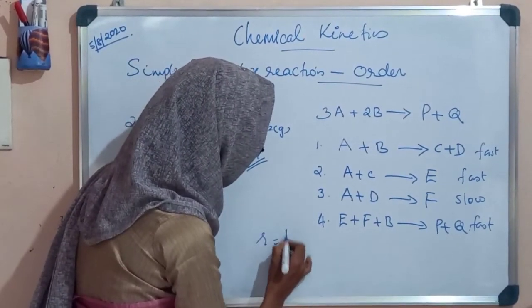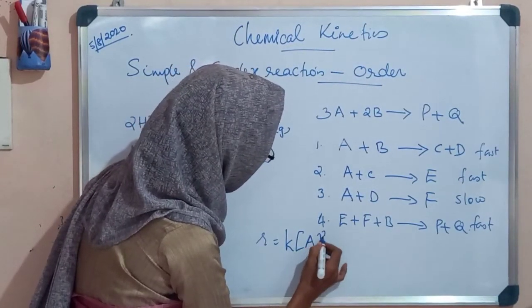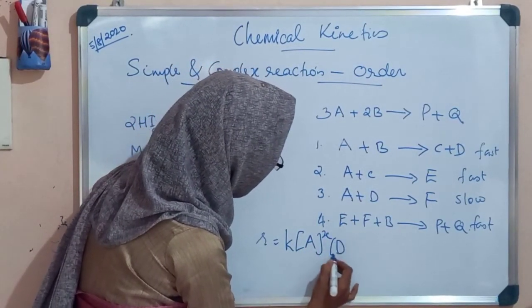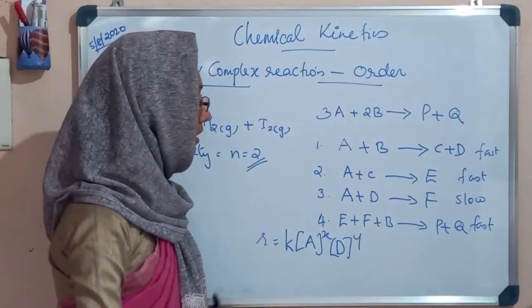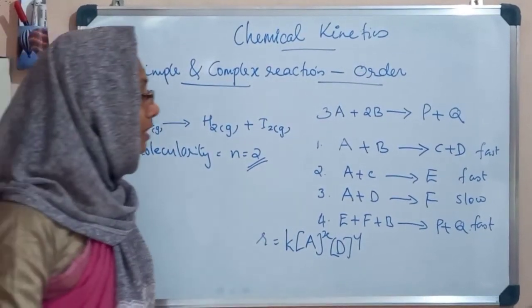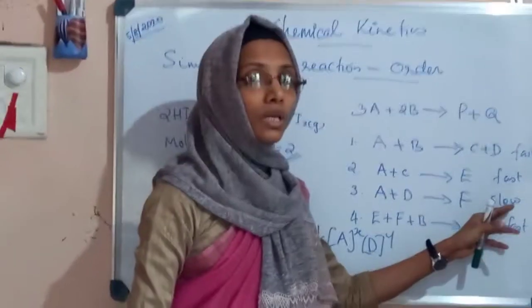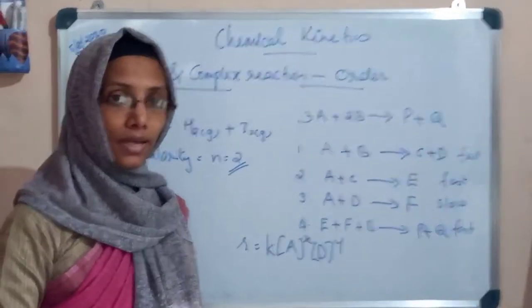This rate is equal to K into the concentration of A to the power x and B to the power y. This is the rate of the step. That is, the rate of a complex reaction is the rate of the slowest step of the reaction. And then what is the order of the reaction?